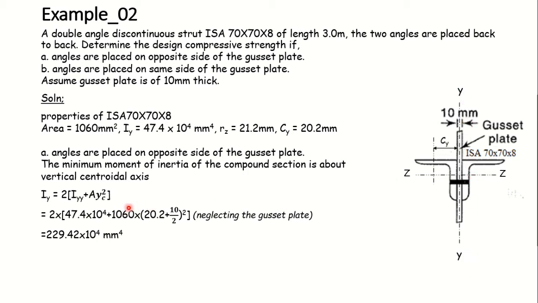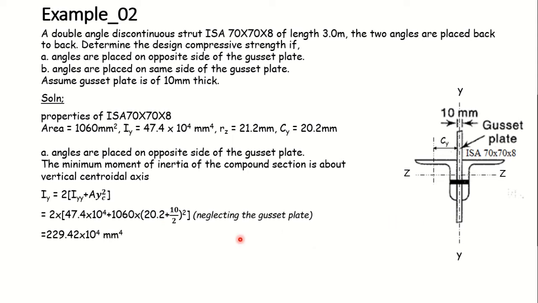This is the parallel axis theorem. In this case, 47.4 into 10 raised to 4 for the single angle section, plus area 1060 mm square, times the square of the distance, which is cy plus half the thickness of the gusset plate: 20.2 plus 10 by 2.